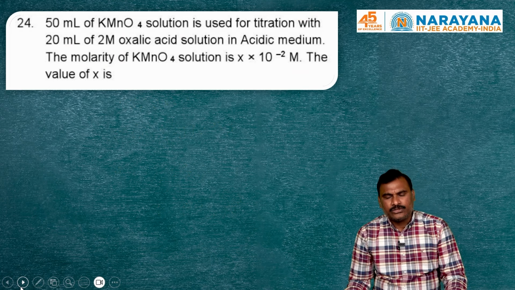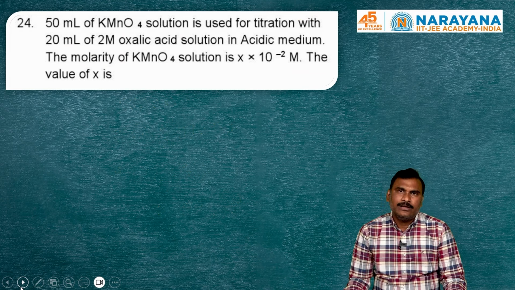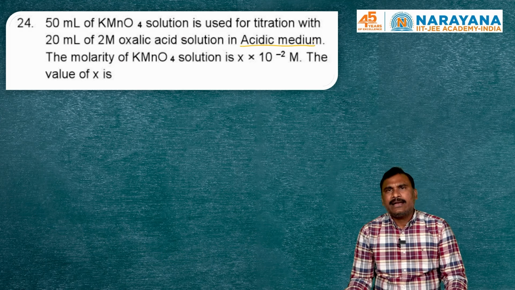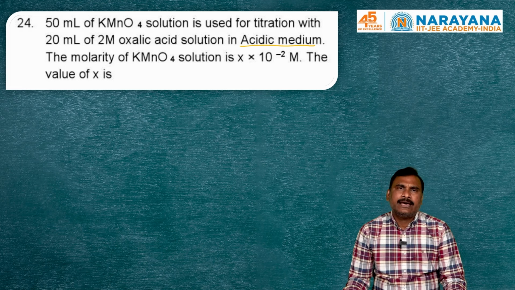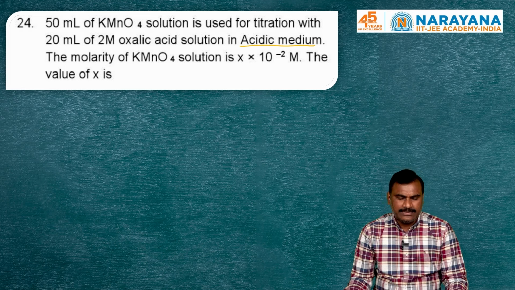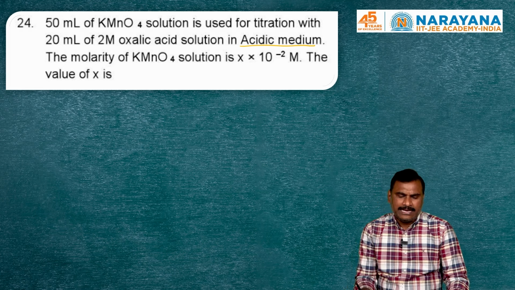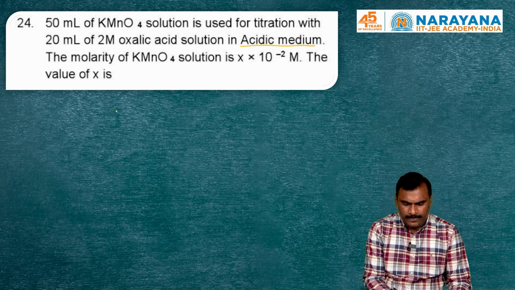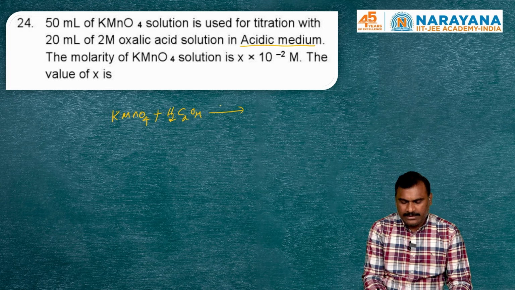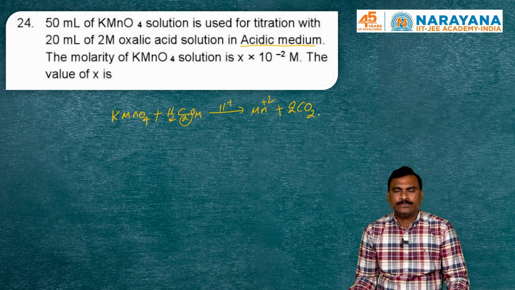50 ml of KMnO4 solution is used for titration with 20 ml of 2M oxalic acid solution in acidic medium. Find the molarity of KMnO4 solution. Here KMnO4 acts as an oxidizing agent, and the oxalic acid undergoes oxidation and acts as a reducing agent. It is a redox reaction: KMnO4 plus H2C2O4 in acidic medium becomes Mn2+ plus, since 2 carbons are there, 2CO2.